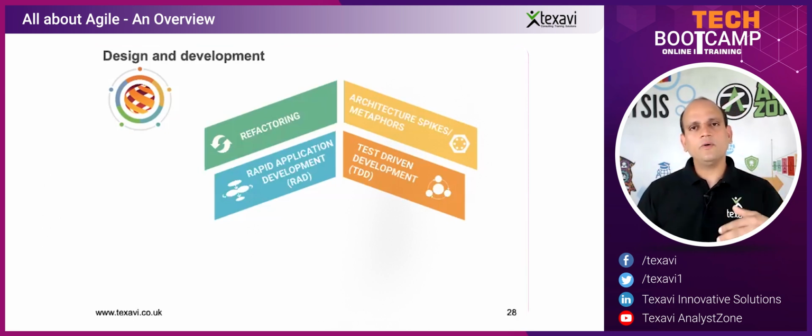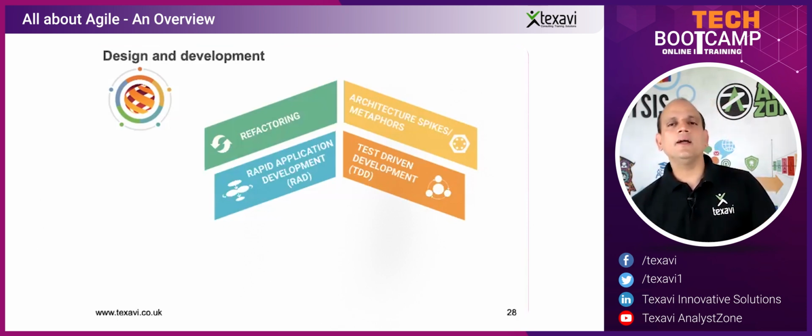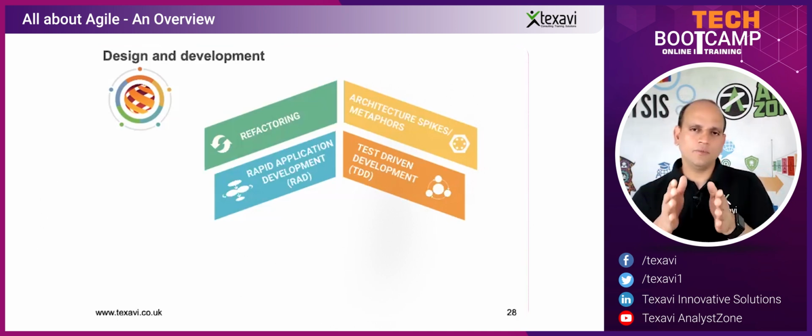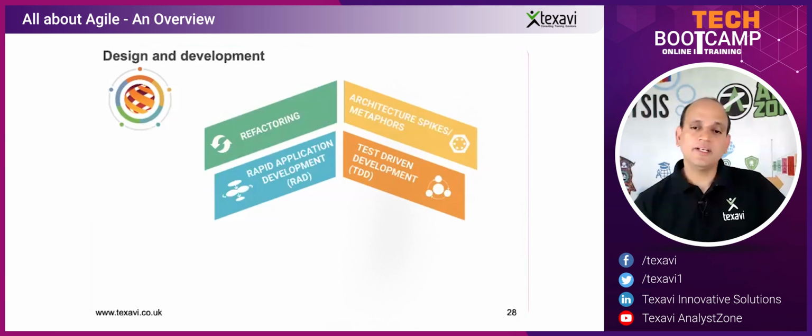So whatever we develop, even if we are just developing one module or one particular task, you need to make sure it is tested thoroughly, and then you deliver it. You're only working on that thing, you're not worried about the other aspects of it. So test-driven development, again, is a very important agile approach.